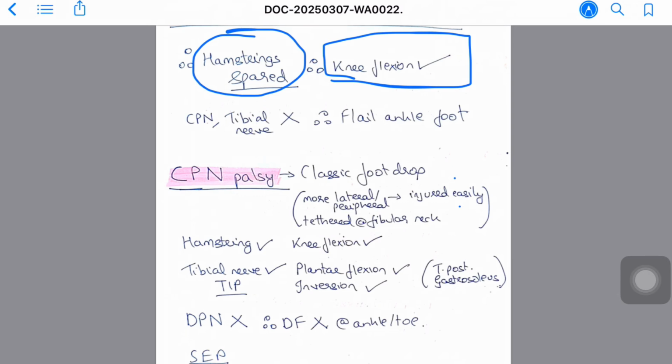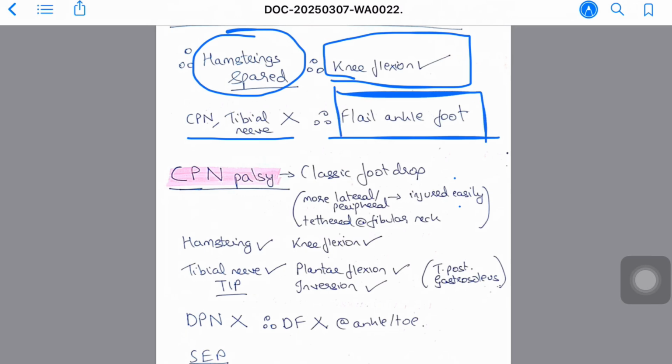So if in a patient knee flexion is present, you can say that the level of injury is distal to the hamstring supply, just before the bifurcation at the superior pole of the popliteal fossa. Right? It is proximal to the division, so common peroneal and tibial are both gone. So flail ankle and foot is a feature.